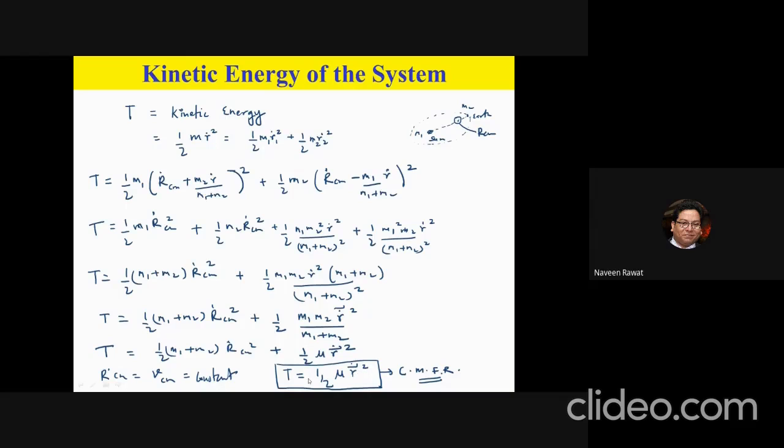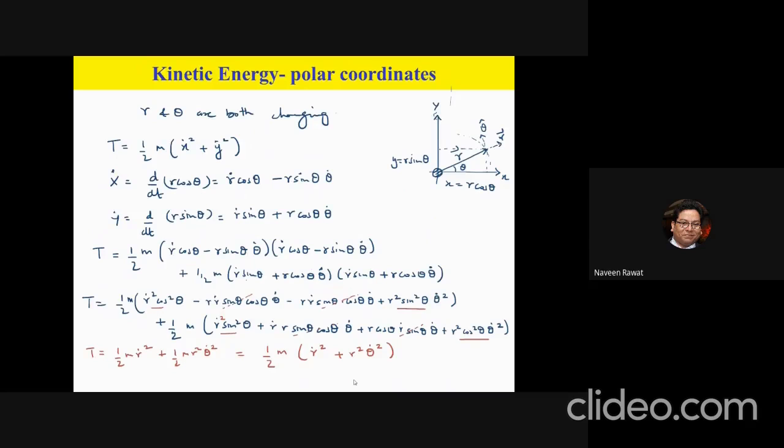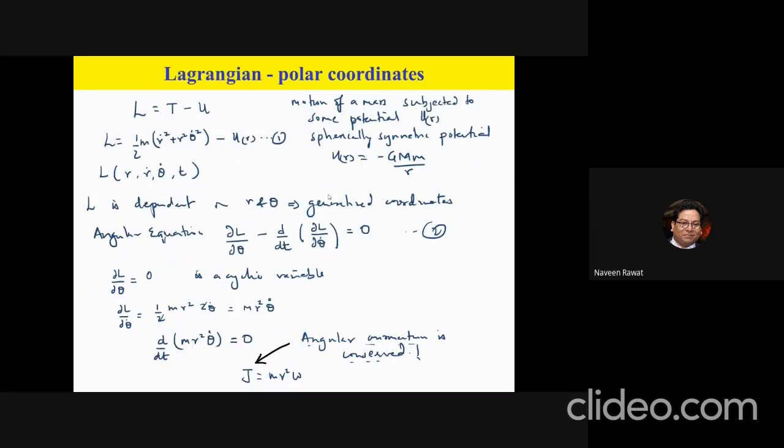So that was the kinetic energy of the entire system, and we used polar coordinates. From this expression we reached a point where we actually used the Lagrangian equation, and when we solved for the angular portion, we again got the same idea that angular momentum is conserved.